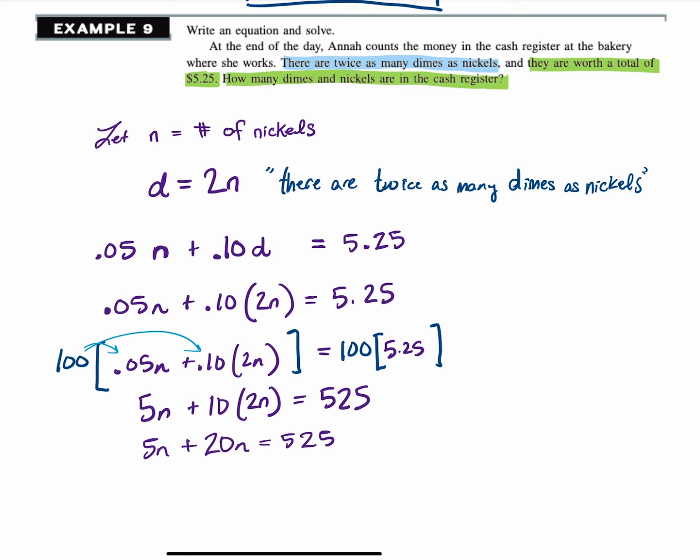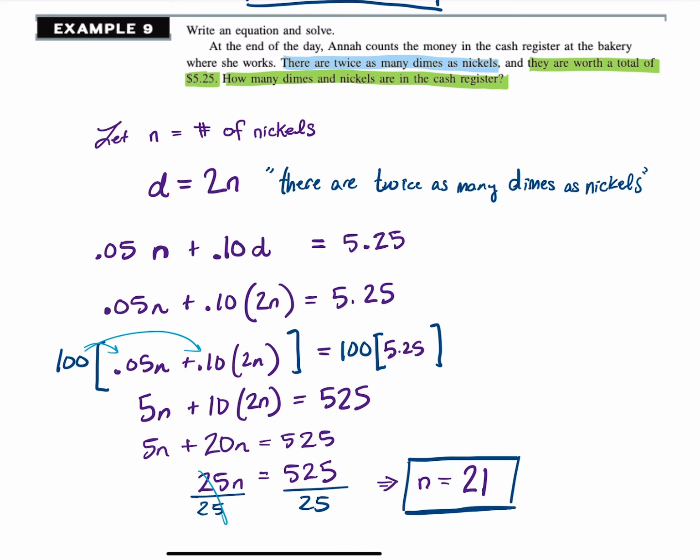Then 5n plus 20n is 25n. Then we're solving for n, so let's divide both sides by 25. So n equals 525 divided by 25, which is 21. n equals 21.